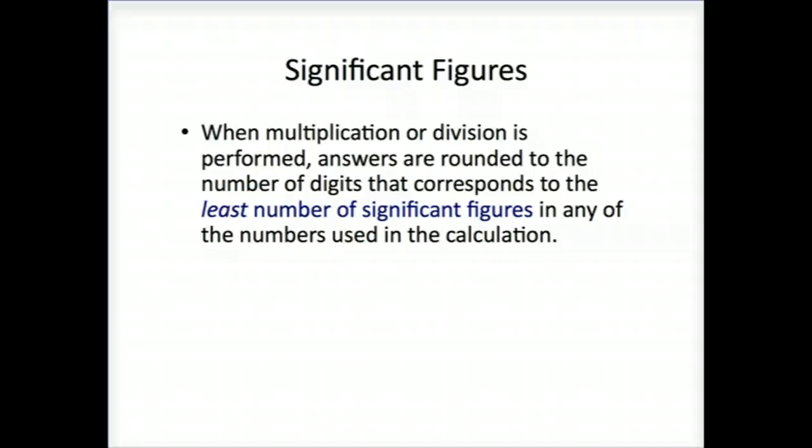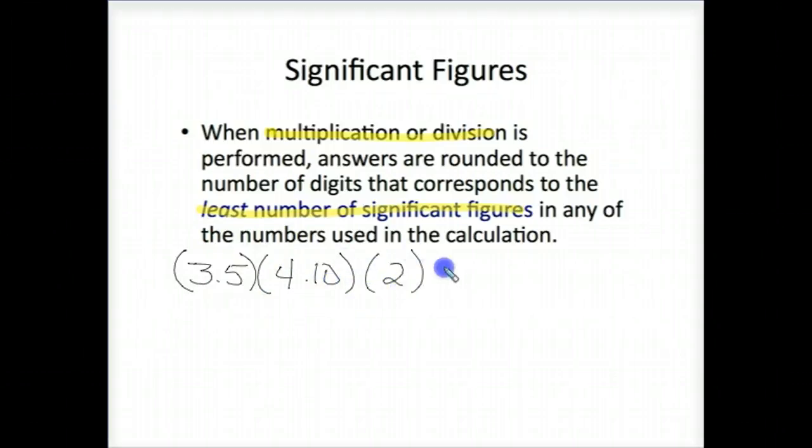When we talk about multiplication and division, we round to the least number of significant figures. So, for example, let's take 3.5 times 4.10 times 2.